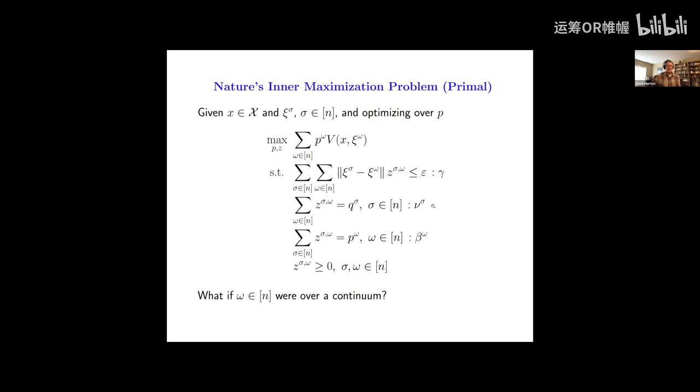So from what we know about linear programming, even if nature is allowed to put probability mass over a continuum of possible points, it's only going to choose at most n plus 1 points to receive positive probability mass P.